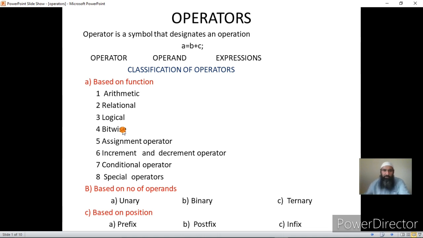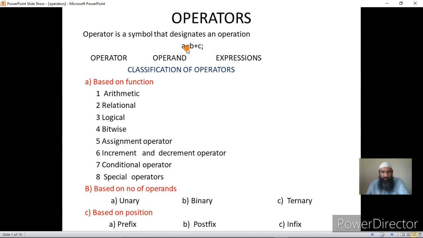The first four and including the sixth one, that is the increment and the decrement operator, are responsible for data manipulations or calculations. Then we have another operator called assignment operator. This operator is used to assign the value to the variable.